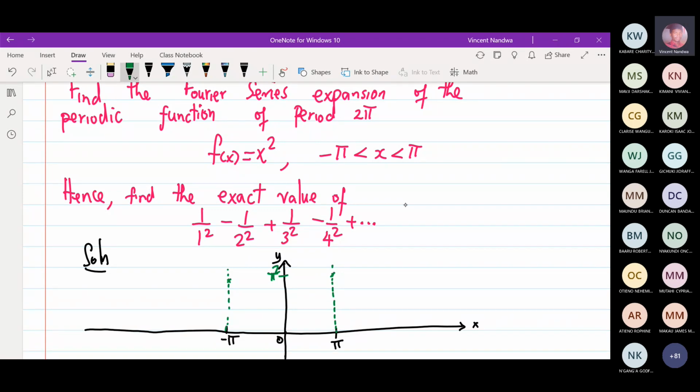So this is simply a quadratic. So I'll have that this graph shows, or does it obey the definition of evenness of a function? Yes, because we can see that the graph is symmetric about the y-axis.